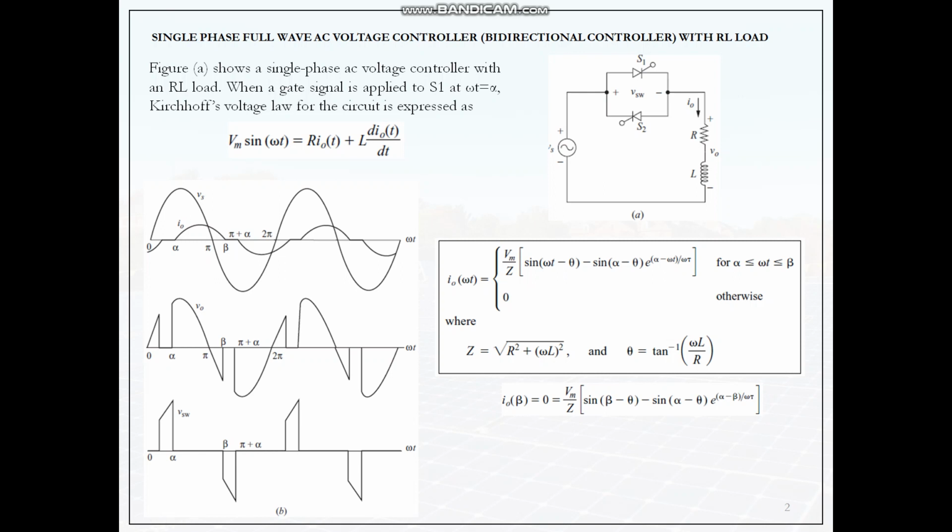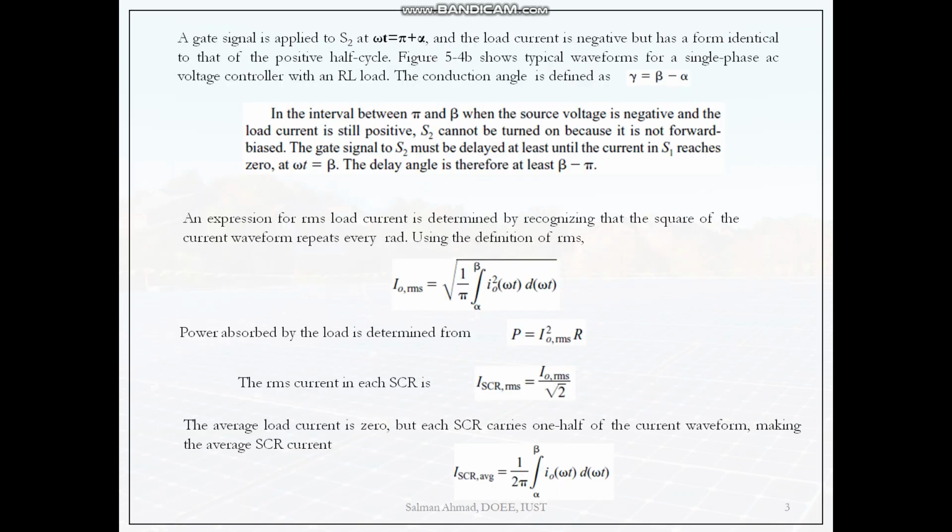So for the mean, you have to take 1 upon pi, then integration alpha to beta, that will give the mean. Then current square, so I naught squared, this function you have to square, then d omega t. So you can see that this is the mean, this is the square, and this is the square root. Okay, so this will give the output RMS current.